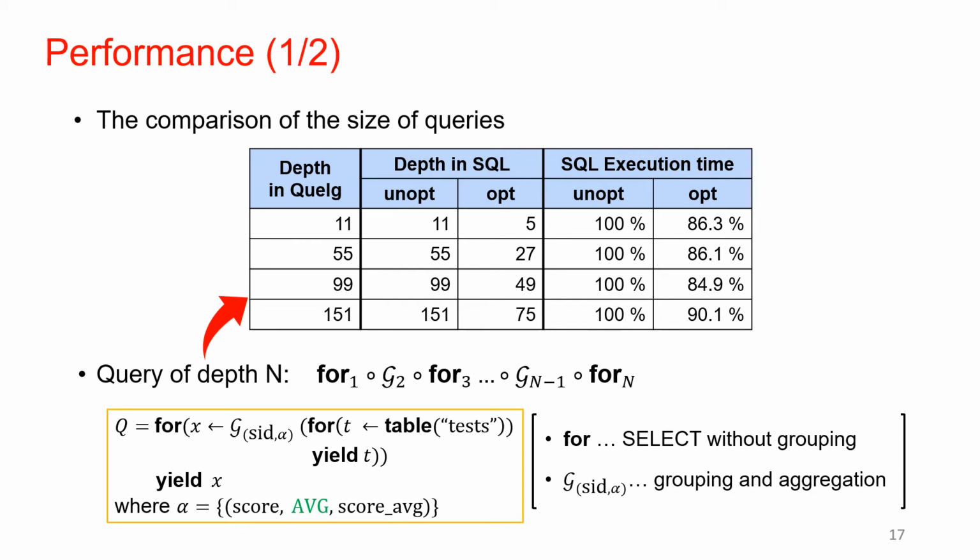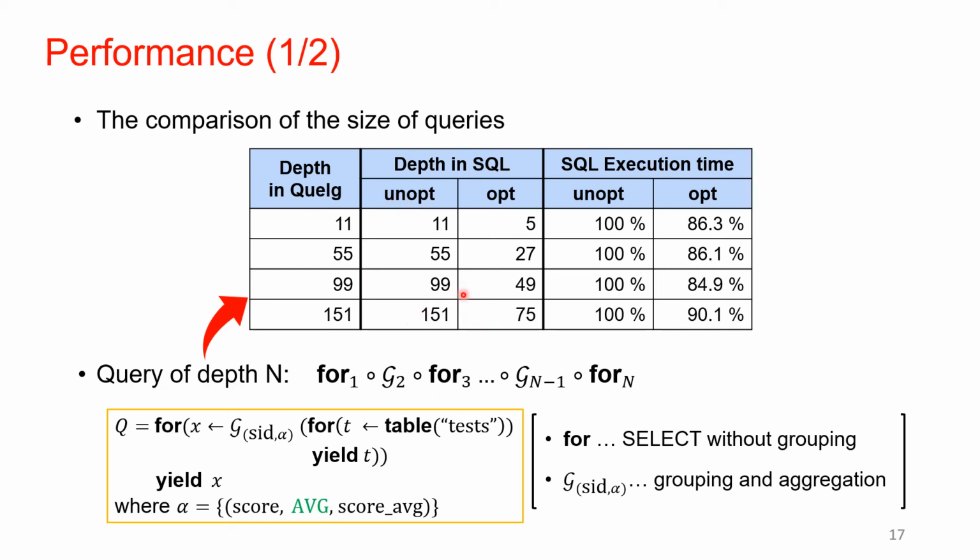We first measured the size of generated queries with and without reorganization. The test program is this one, which is a composition of 4, G, and 4. The 4 expression in query G is select without grouping, and G does grouping and aggregation. By iterating the composition n times, we get a deeply nested query of depth n.